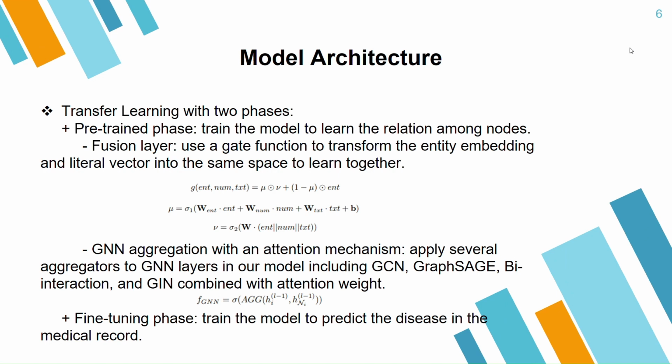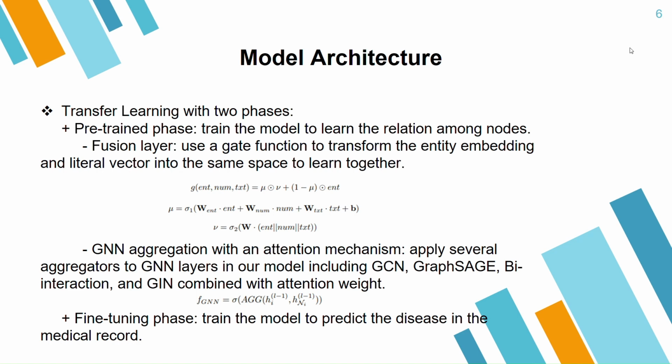Next, I will explain the model architecture, and we apply transfer learning with two paths. And in the pre-train phase, we train the model to learn the relations among the nodes.